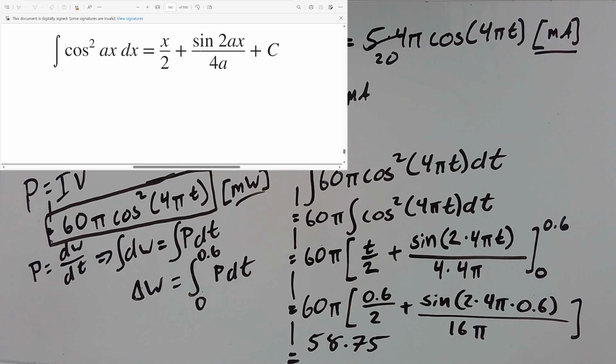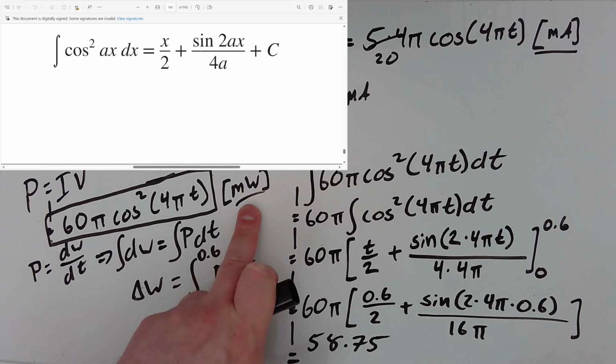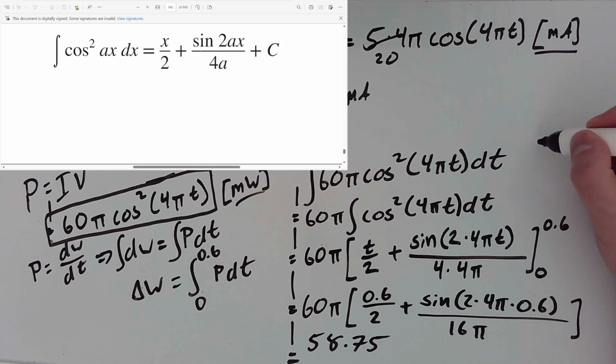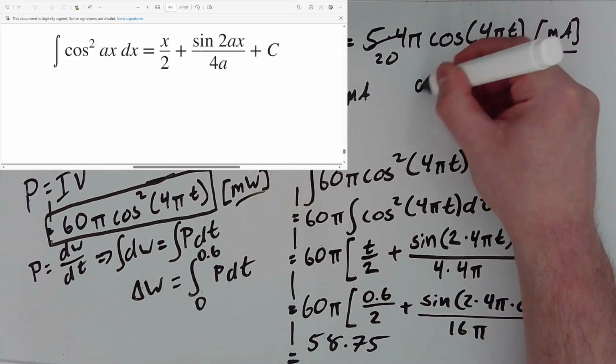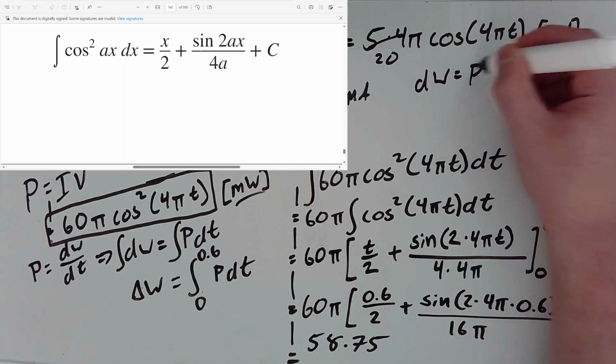58.75. And the units, so power was in milliwatts, and then we multiplied it by seconds. So we basically had dW equals P dt.